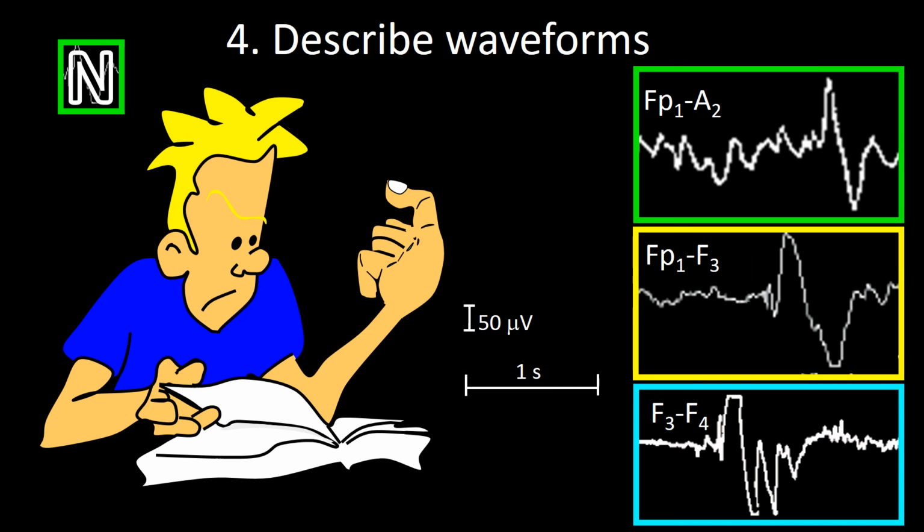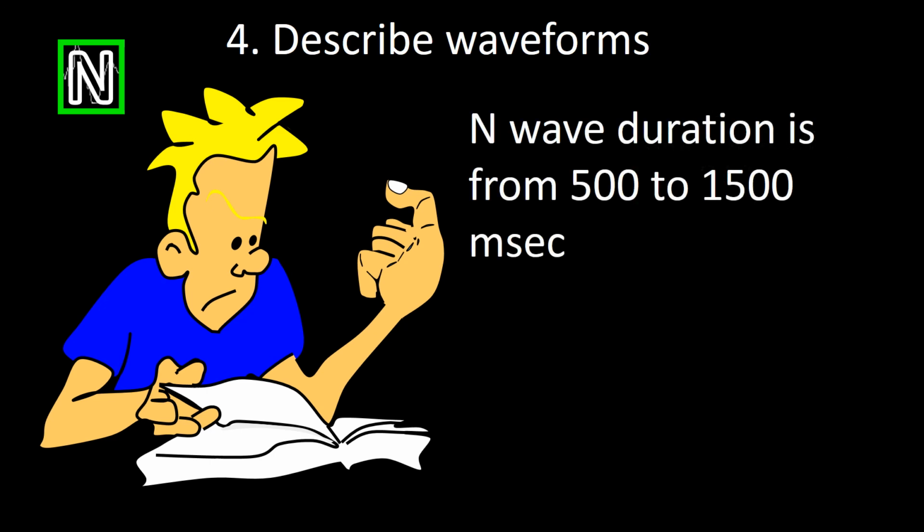Here, the biphasic and the preceding sharp activity looks bigger as a function of larger separation between F3 and F4 than between FP1 and F3. N wave duration is 1/2 to 1.5 seconds.